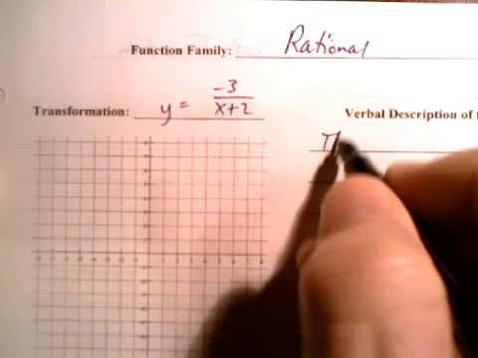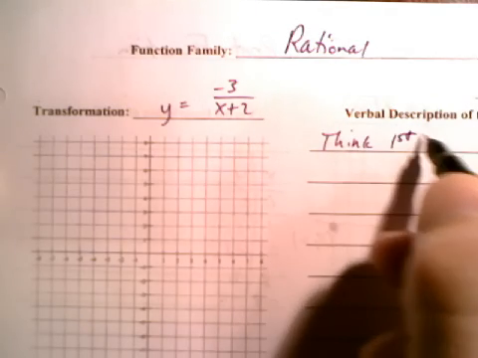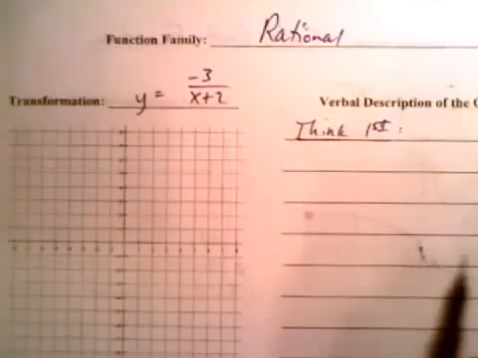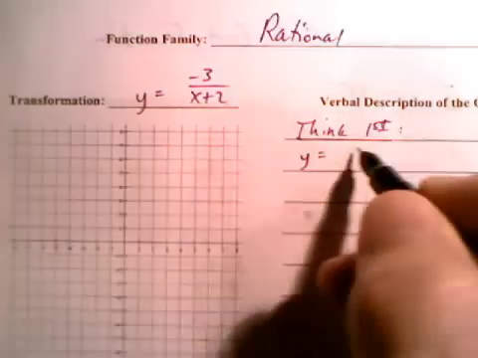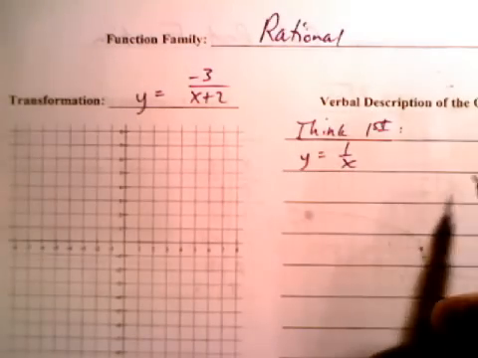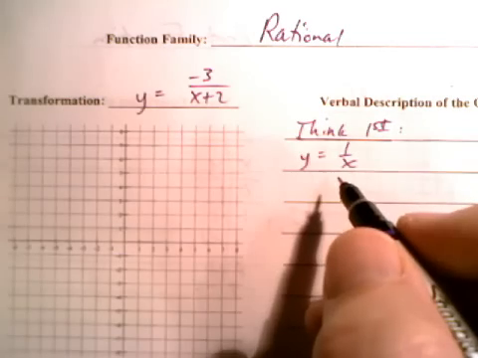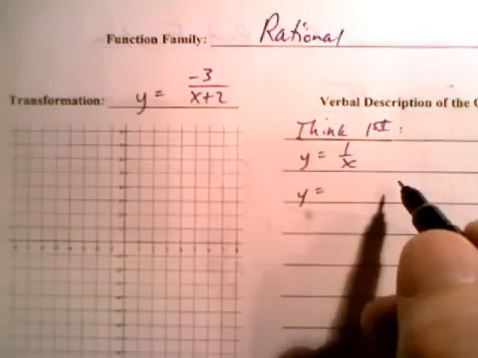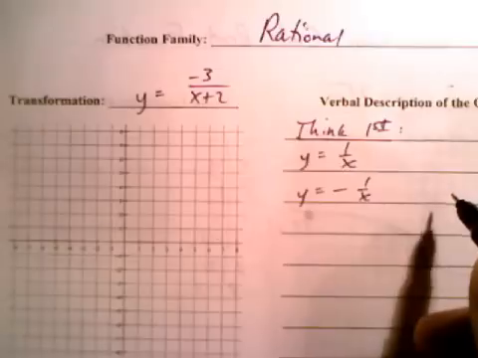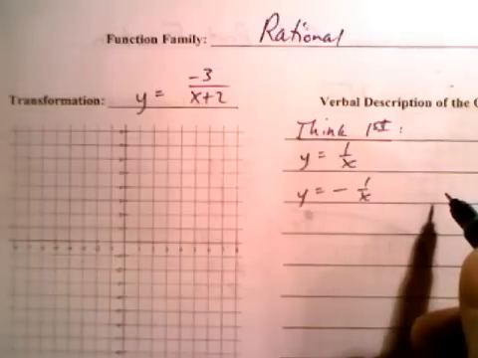Let's think first. That's always good. When we graphed y equals 1 over x, we knew what that looked like. Okay, and let's graph y equals negative 1 over x.